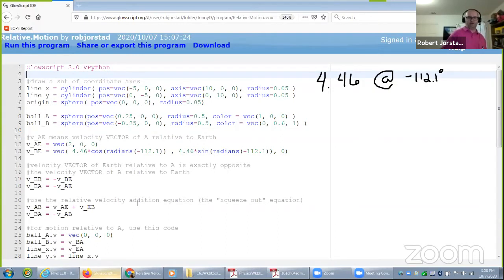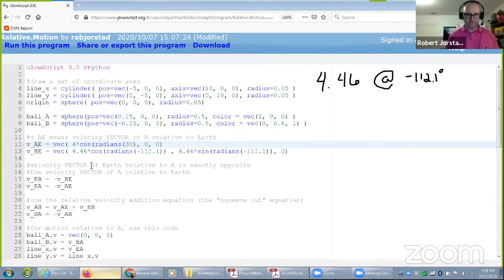Oh, shoot. You know what I forgot? I didn't plug in A's velocity correctly. Do you see that? A isn't moving at 2, is it? A is supposed to be moving at 4 times cosine of radians. You know what I'm saying, everybody? Sorry about that.